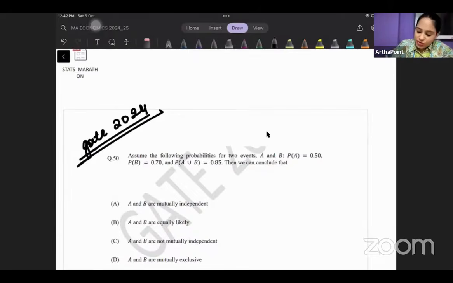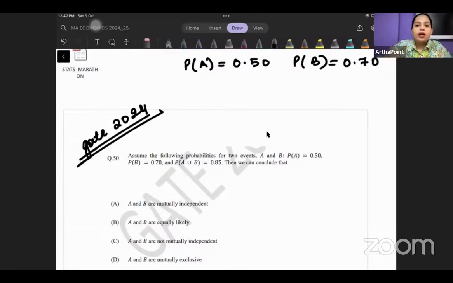So, in this case, we are given that probability of A is 0.50 and probability of B is 0.70. Can any one of you tell me what are you getting as probability A intersection B? What is the answer for probability A intersection B?